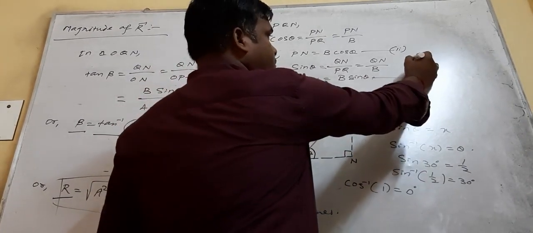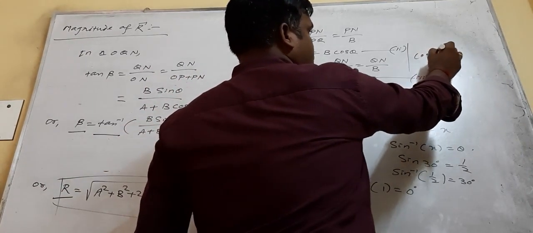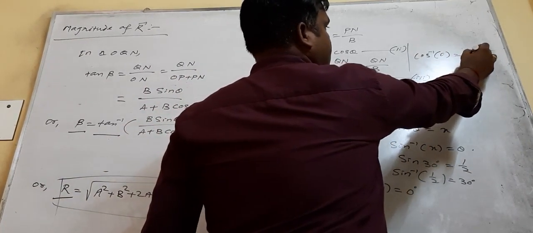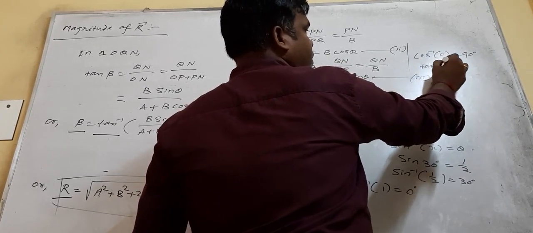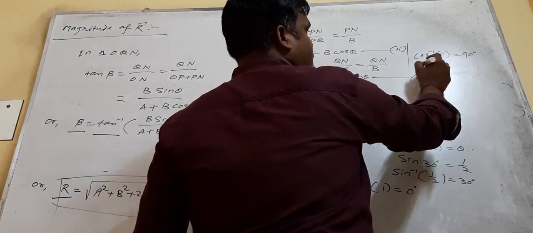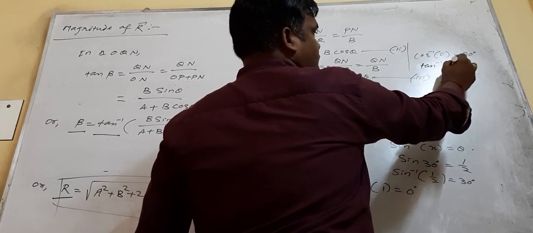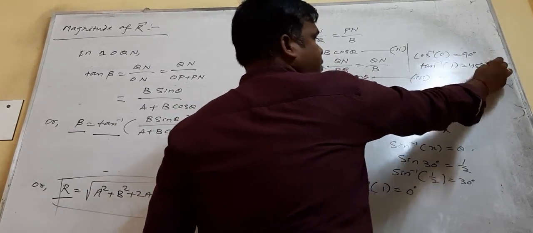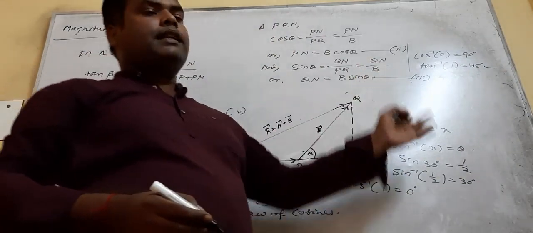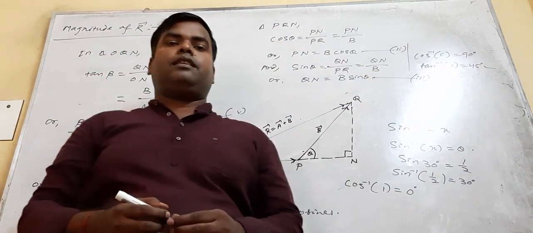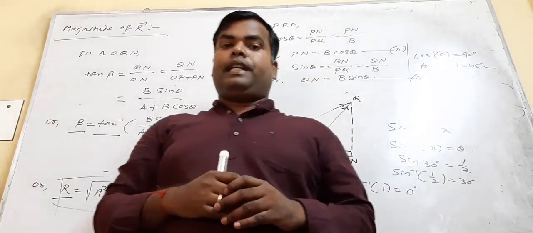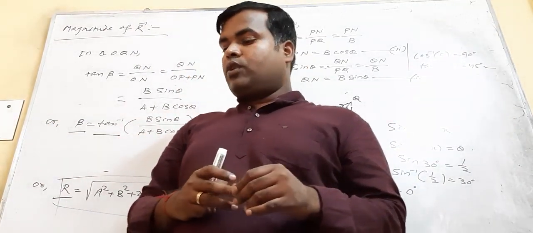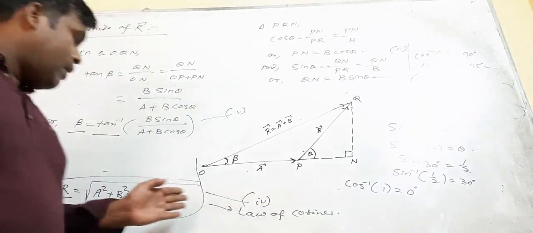Cos inverse 0 is 90 degree. Tan inverse 1 is 45 degree. So it is your inverse trigonometric function. The concept is same for all trigonometric functions. So that is the law of cosine.